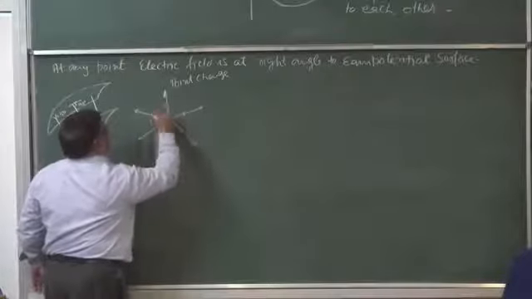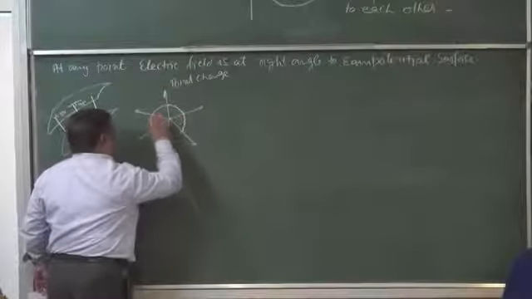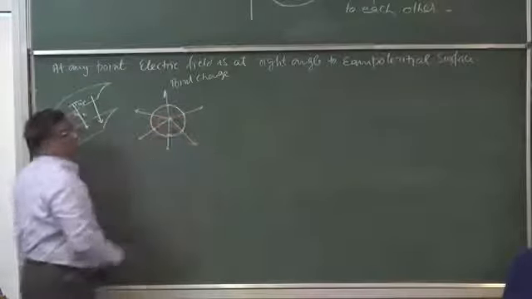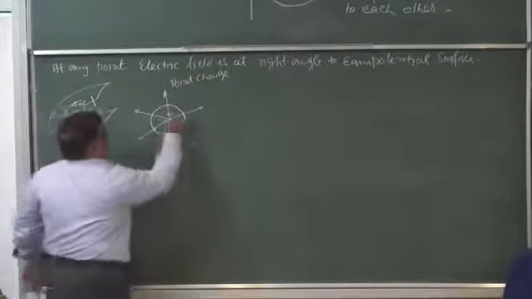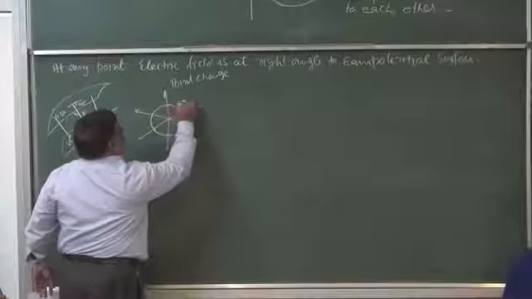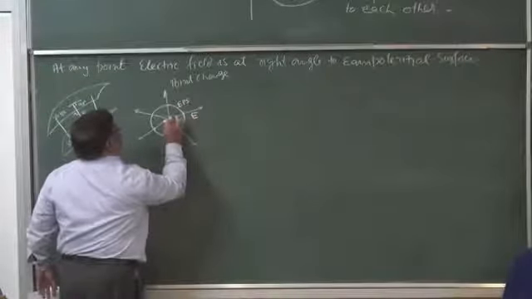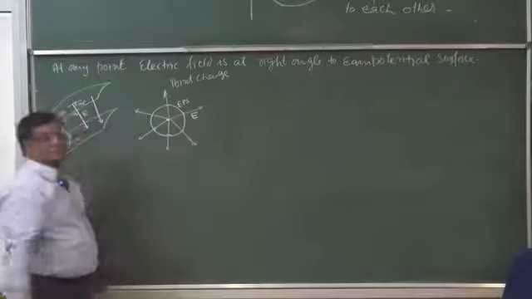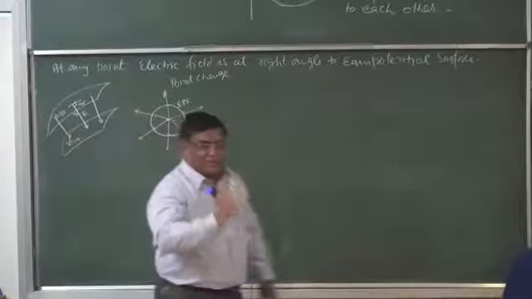All distances are equal and make a sphere. Everywhere V is the same. This is the equipotential surface, and this is the electric field. Understand? Okay.